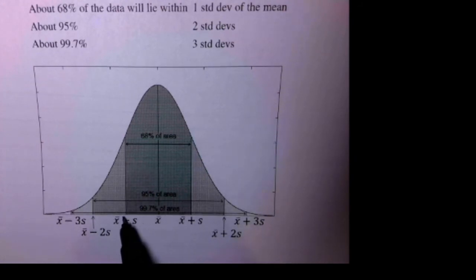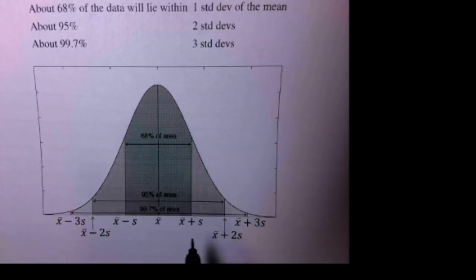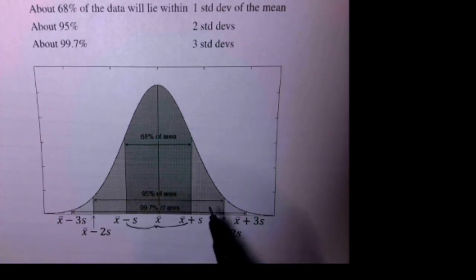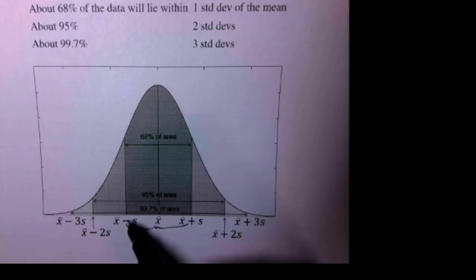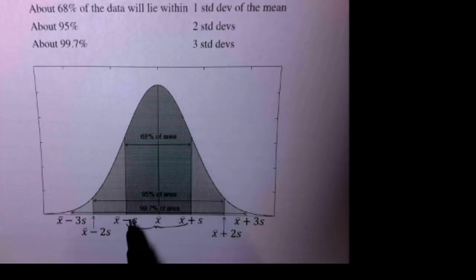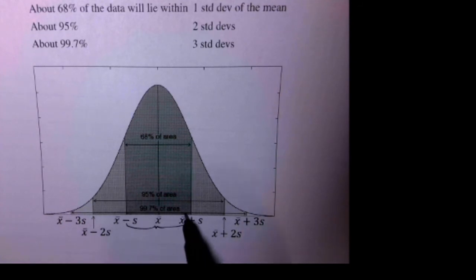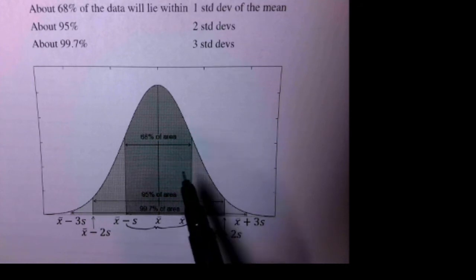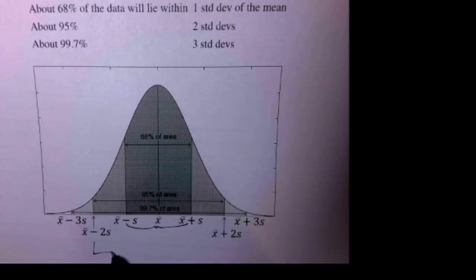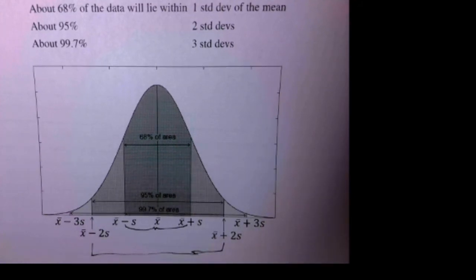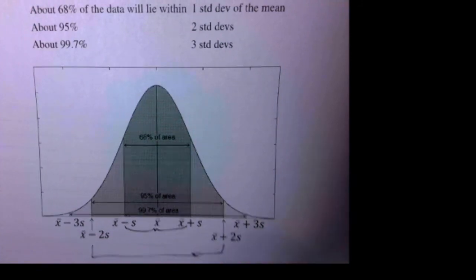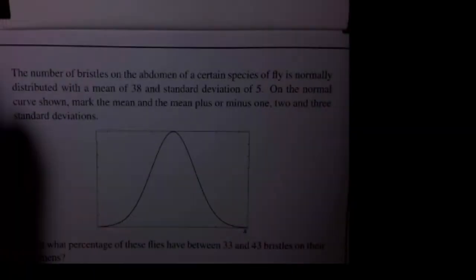If you go out one standard deviation to the left, one standard deviation to the right, this interval right here, 68% of the area under the curve is over that interval, which means 68% of the data will be in this interval, that is within one standard deviation of the mean. Similarly, 95% will be within two standard deviations of the mean, and 99.7% within three.